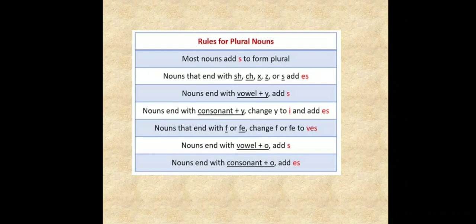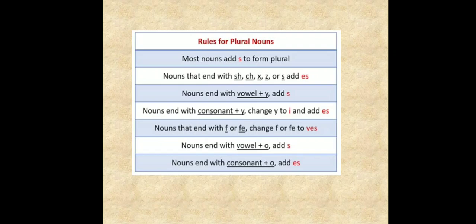So cry becomes cries. Baby, B-A-B-Y, B is the consonant and then we have a Y. So Y will change to I and then we add ES, that is B-A-B-I-E-S.